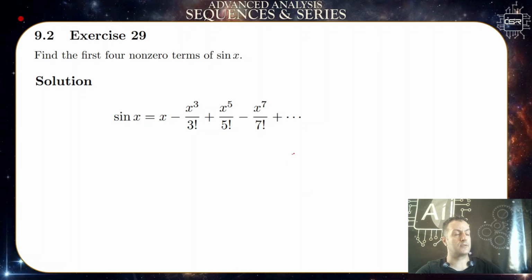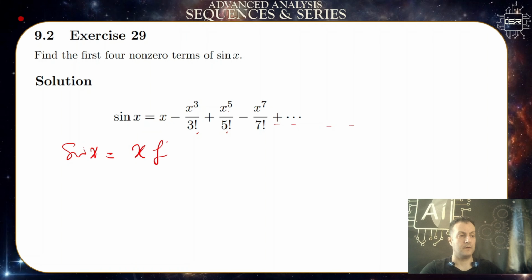Find the first 4 non-zero terms of sine x. So it is equal to x minus x^3 divided by 3 factorial plus x^5 divided by 5 factorial minus x^7 divided by 7 factorial all the way. By the way, the formula is sine x is equal to x times f(0) divided by 0 factorial.